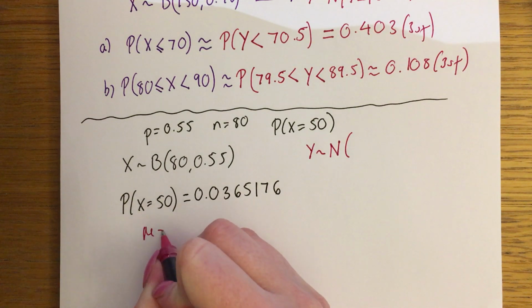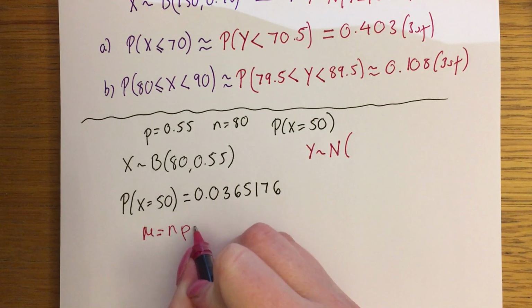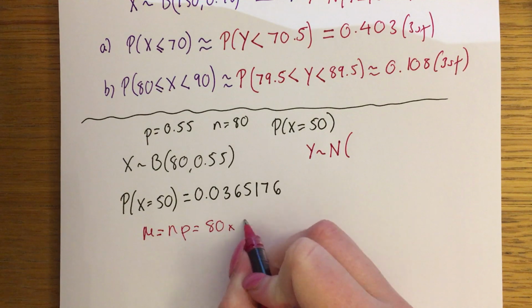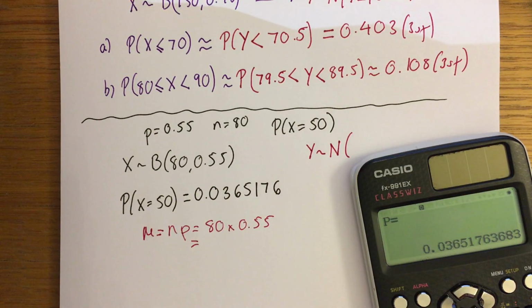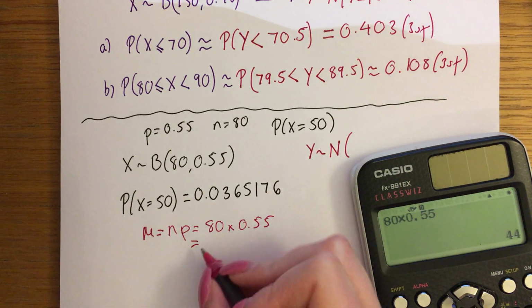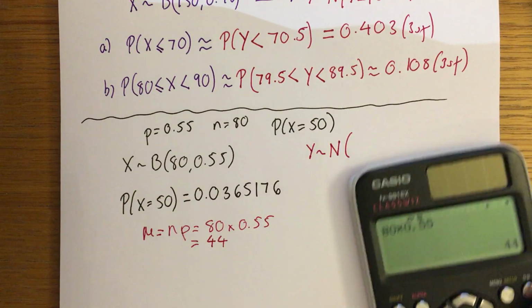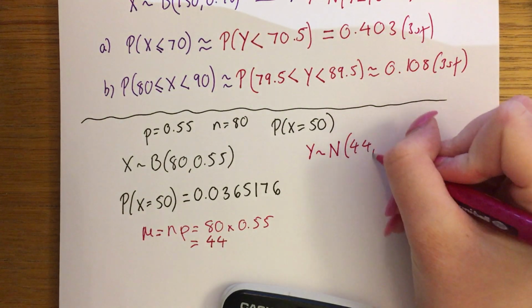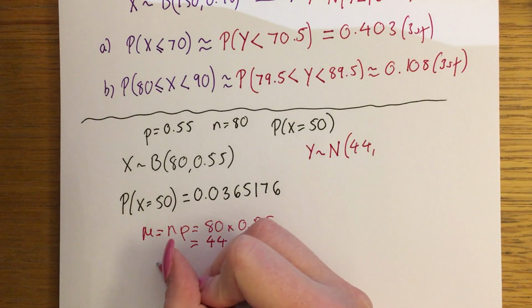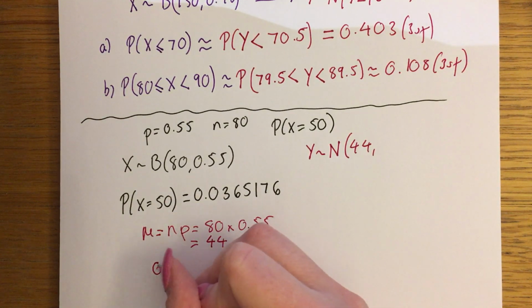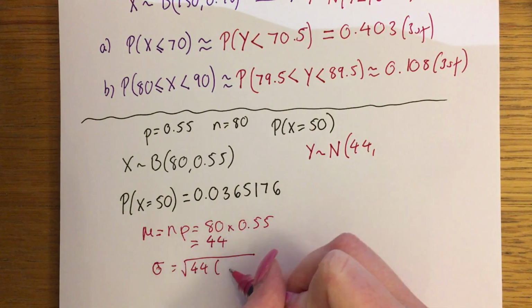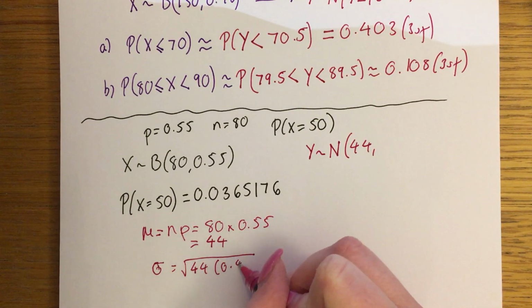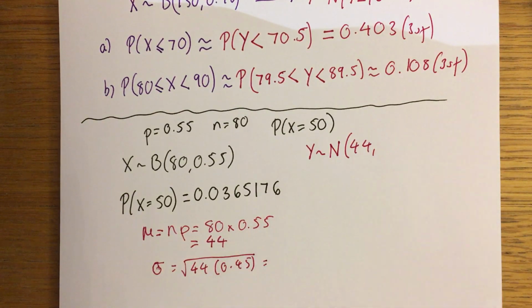So mu is np, which is 80 times 0.55, which is 44, and sigma is the root of np, which is 44, times 1 minus p, which is 0.45.